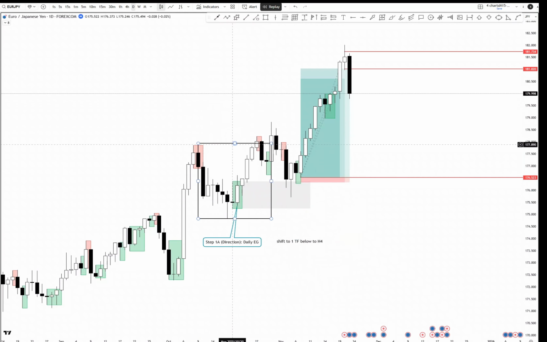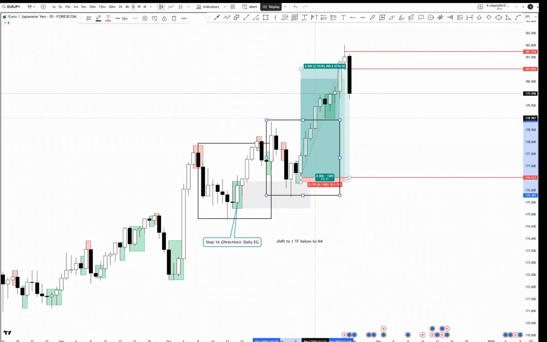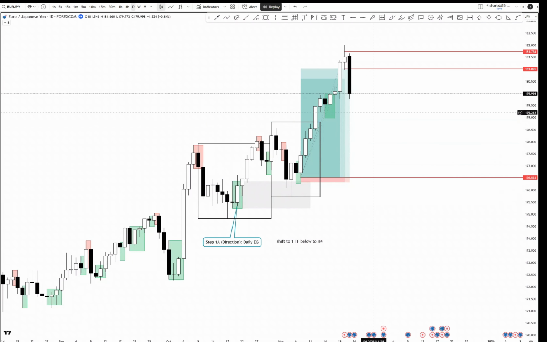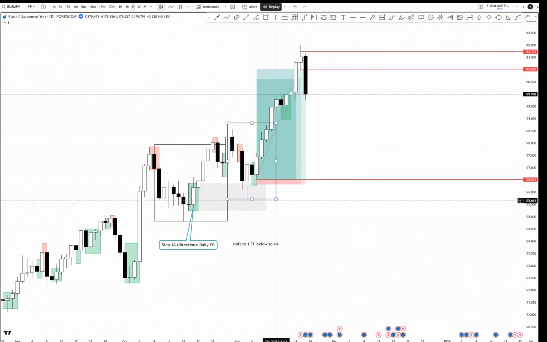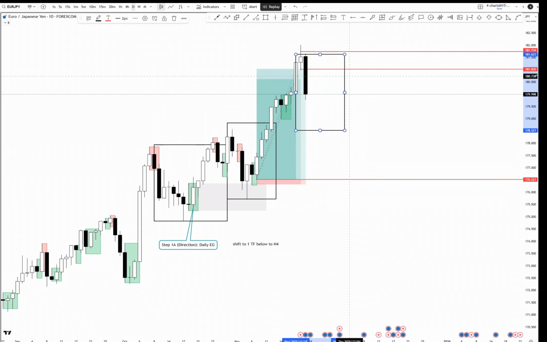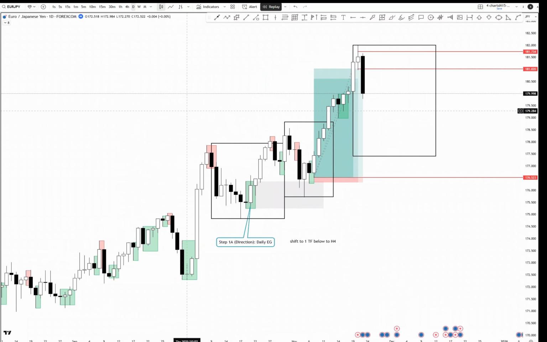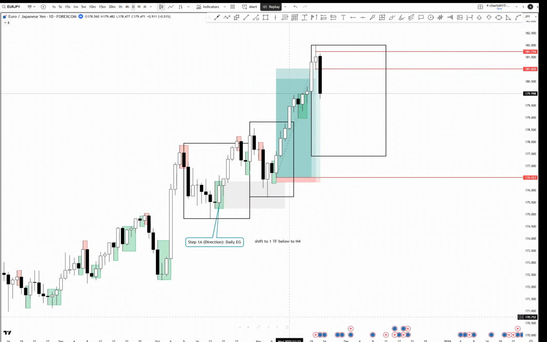Again, when this pullback is happening inside it, we're trying to get the high probability one at the beginning of the pullback. So now it is happening. Now it is going inside this one more pullback. So we're going to go and hunt this one. We cannot wait for just one instrument to happen. You can use the lower time frames, or you can use many instruments at the same time to have more setups. I hope it helped you.